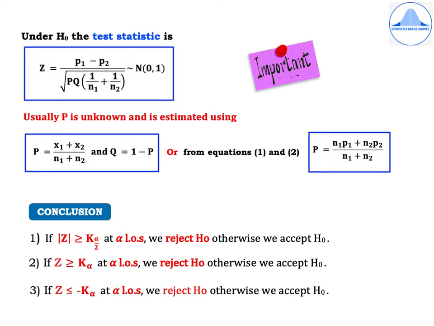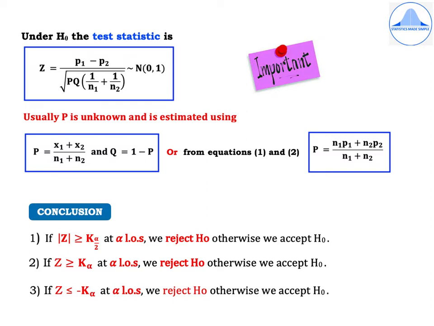Usually, capital P, that is the population proportion, is unknown and is estimated using P equal to x1 plus x2 divided by n1 plus n2, and Q is equal to 1 minus P. Or from equations 1 and 2, P is equal to n1 p1 plus n2 p2 divided by n1 plus n2.